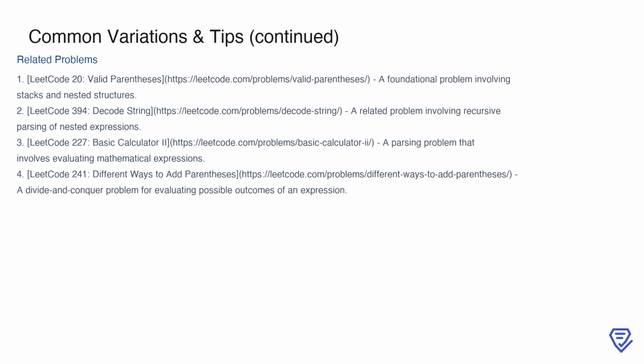If you're looking for more experience with mathematical expression parsing, LeetCode 227 Basic Calculator 2 offers a great opportunity to practice. Lastly, LeetCode 241 Different Ways to Add Parentheses applies a divide and conquer approach to evaluate all possible outcomes of an expression. These problems not only build your problem-solving skills but also help you recognize patterns that can be applied across a variety of scenarios.